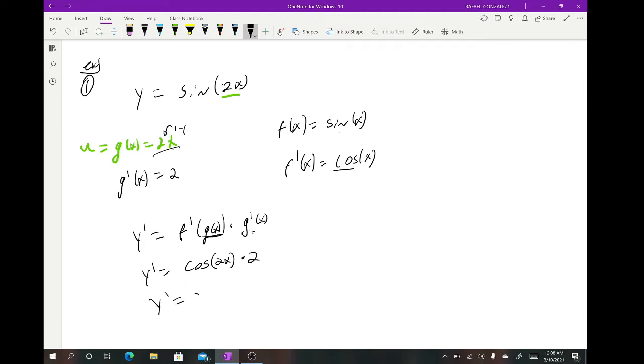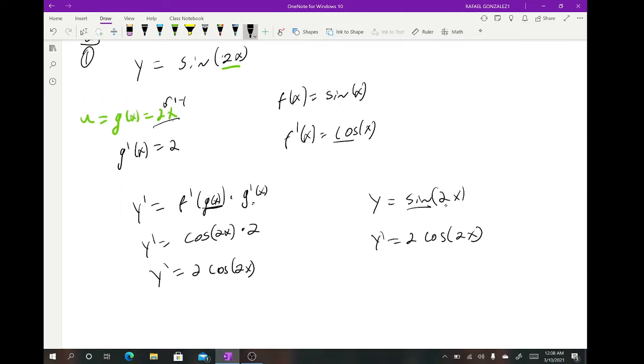So that means that y prime is 2 cosine of 2x. So notice that the derivative of y equals sine of 2x is equal to 2 cosine of 2x. So the derivative of sine times the derivative of the inside.